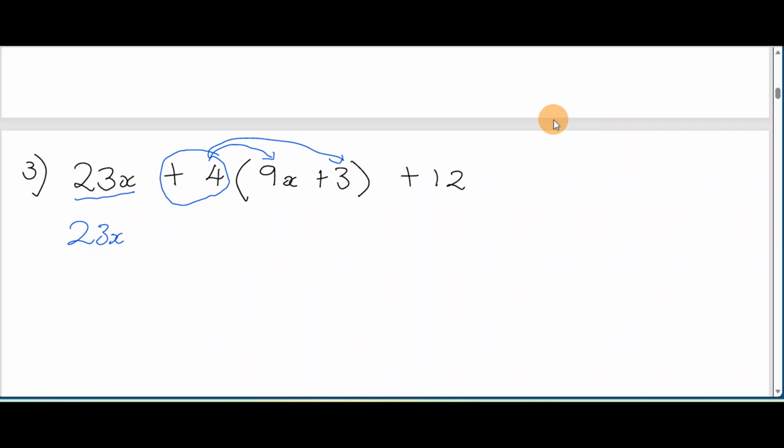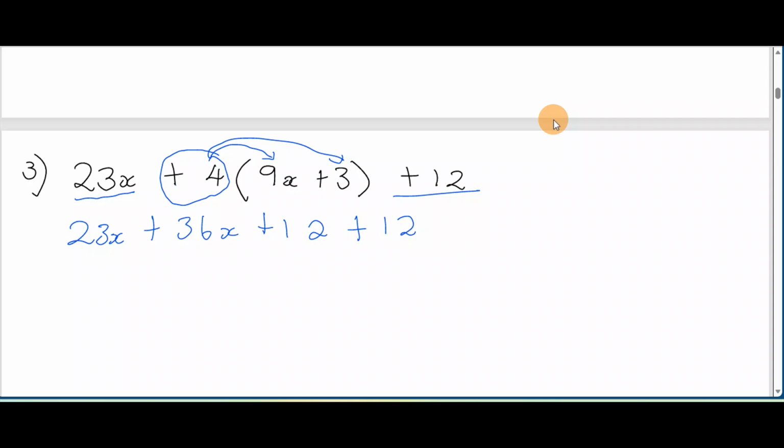And then now it's the 4 times 9. What is 4 times 9? We have our 36x, right? And then now we say 4 times 3. That is our 12, right? And then we also have the 12 that wasn't part of the brackets.